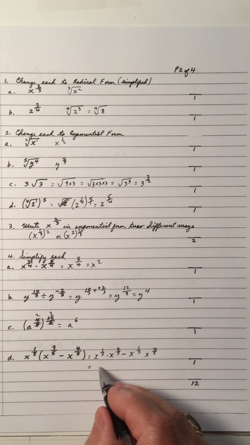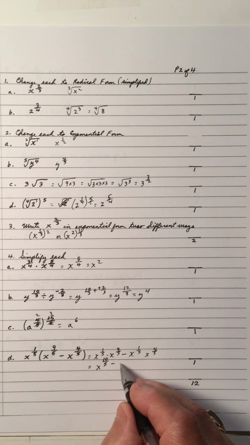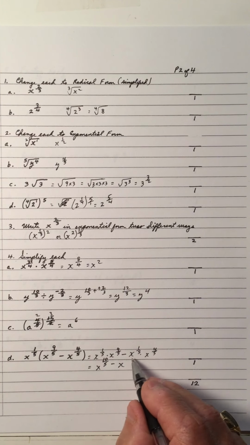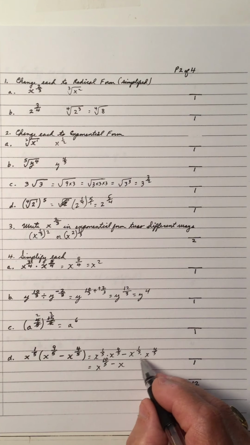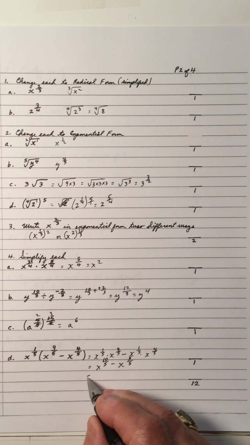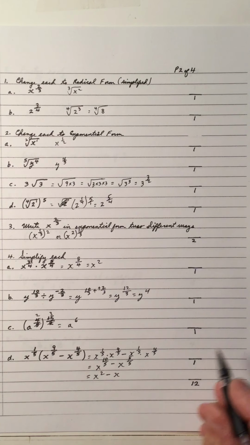And because we're multiplying, we add. Common denominator is 5. 1 plus 9 is 10. Common base is x, and we add. So we got a 5 as the denominator. For 1 plus 4 is 5. So that makes it x squared minus x to the 1, or x.